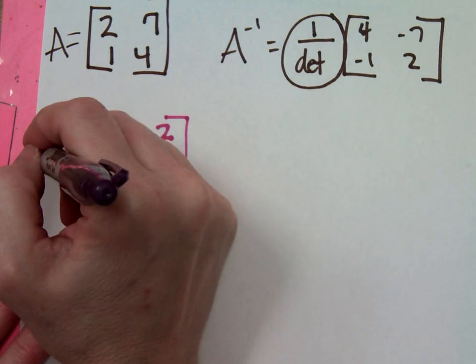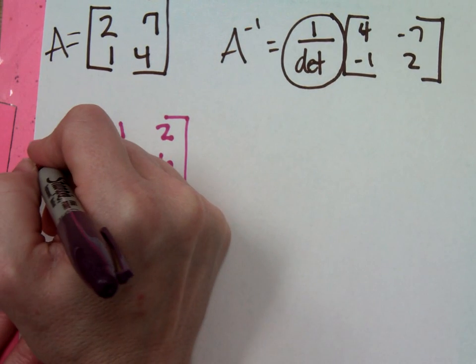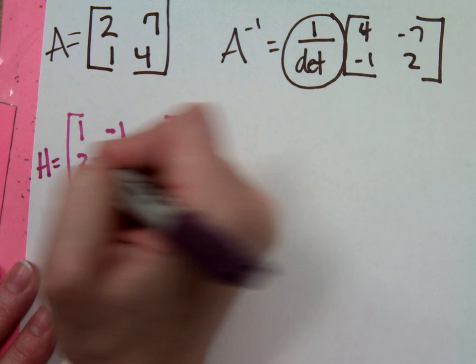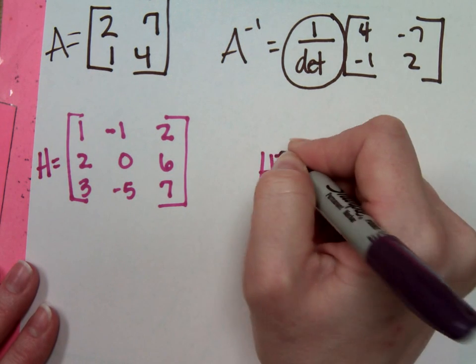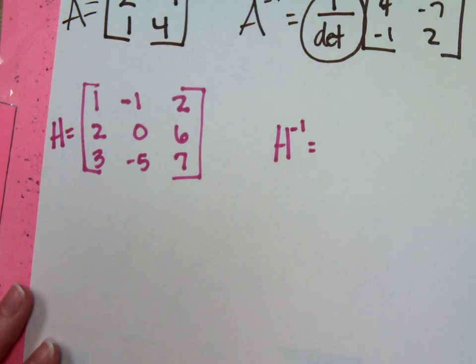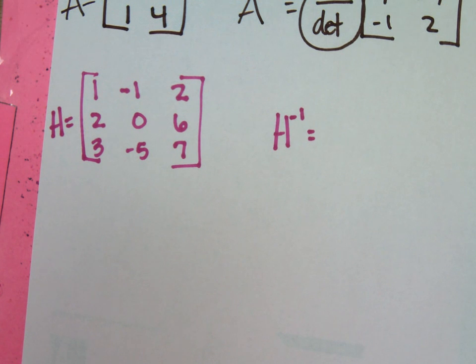All right, if this is, I don't know, I'm going to call it H for Harper. Find the inverse of H. See if you can press all the buttons, put everything in for what you need to have for this. Put this in.